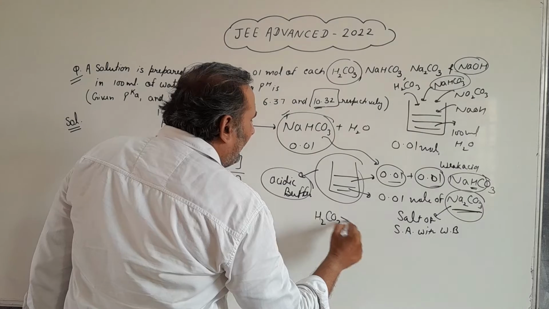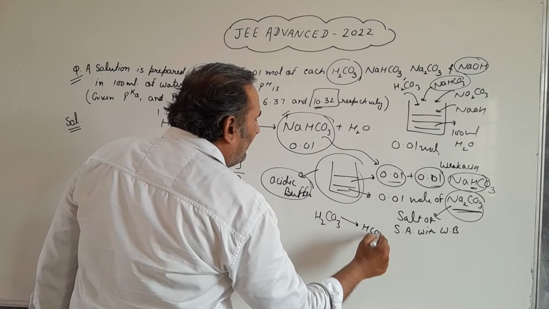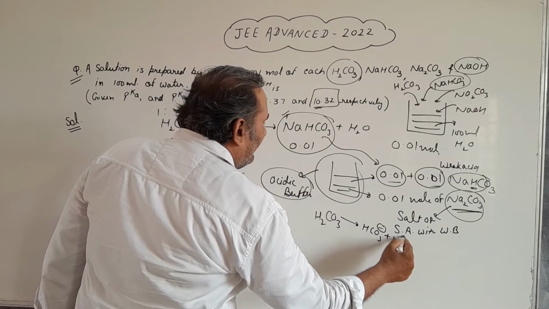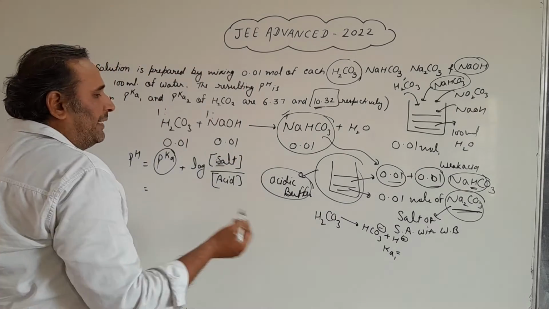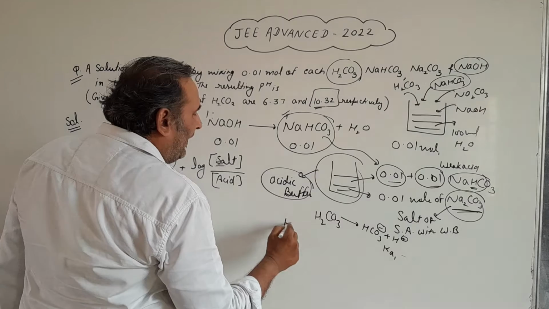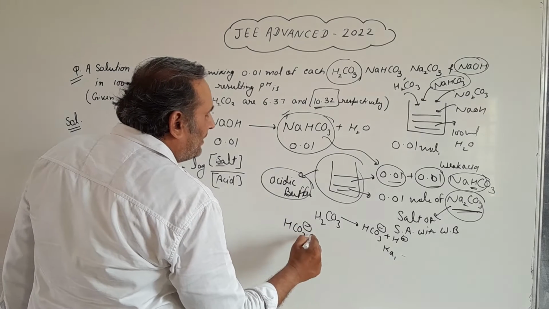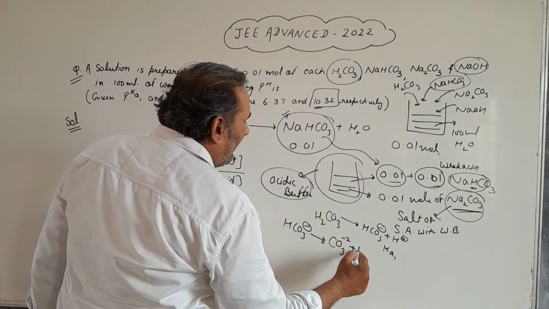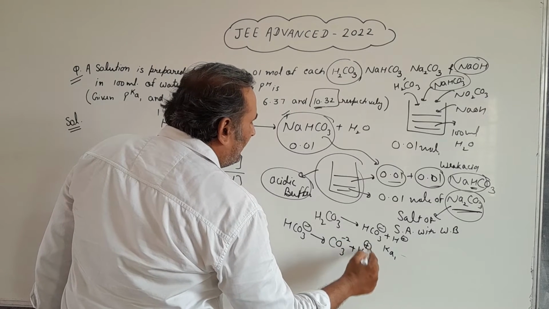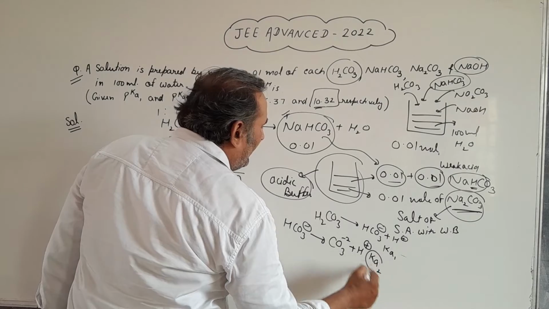H2CO3 when gets converted into HCO3 minus plus H plus, then the dissociation constant, Ka1, is something different, and when HCO3 minus gets converted into CO3 2 minus plus H plus, then there is dissociation constant Ka2.